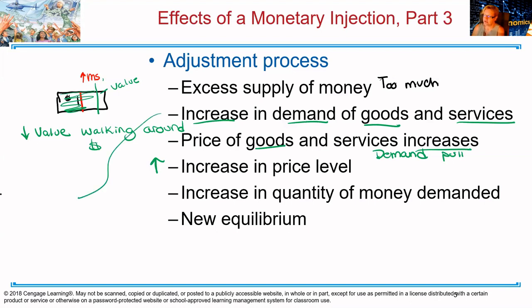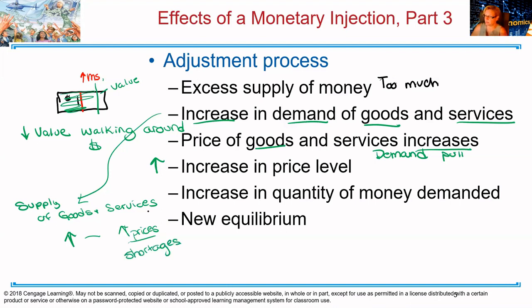The reason is that the supply of goods and services is limited. We only have so much goods and services made. So when the demand increases for those goods and services, that puts upward pressure on prices because we have a shortage of goods and services.